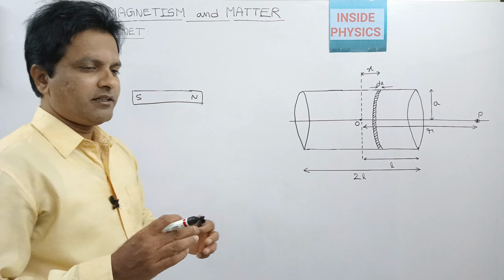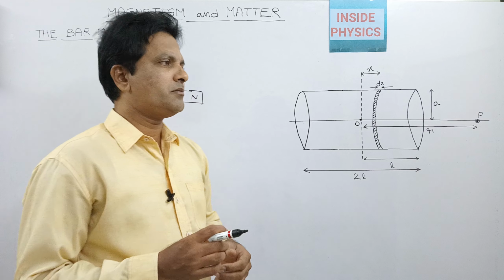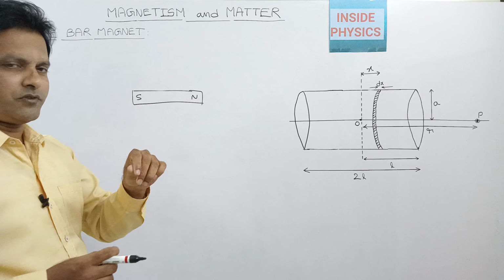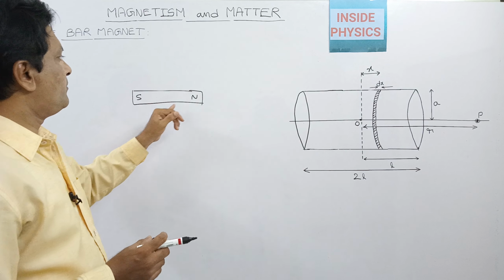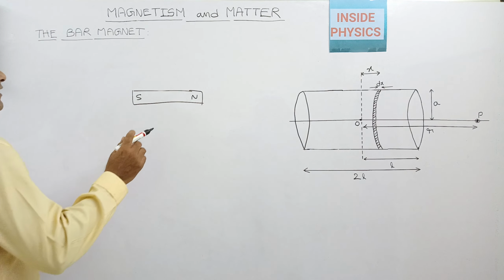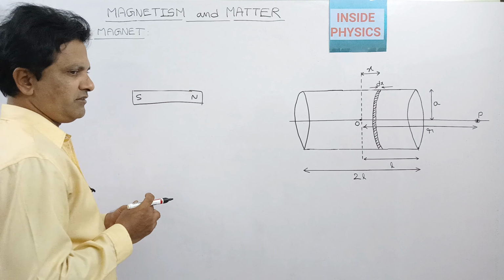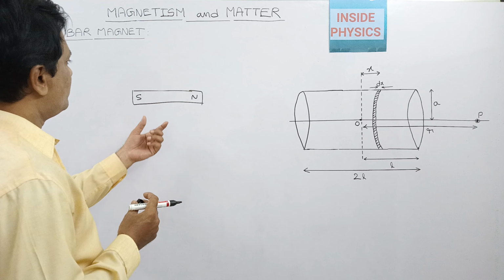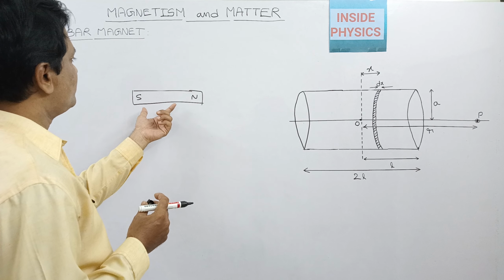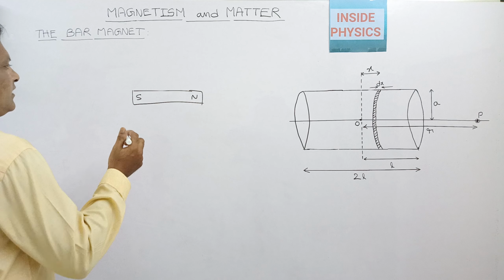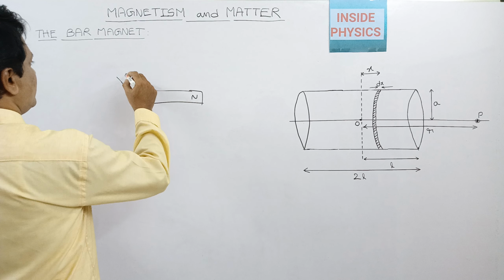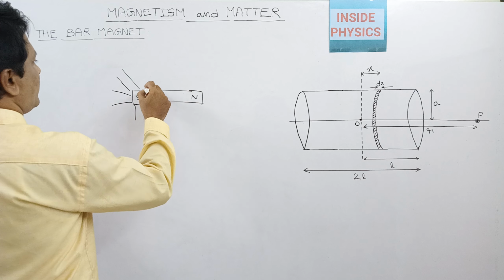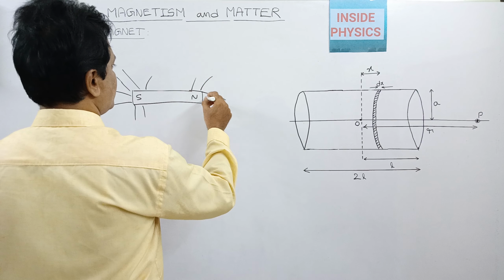To characterize the poles, if you pour some iron filings on a bar magnet, the iron filings will be attracted because of the magnetism, and they will arrange themselves in such an order around these poles.